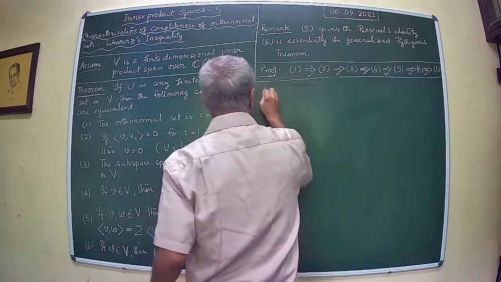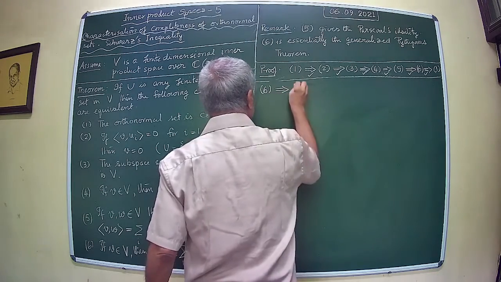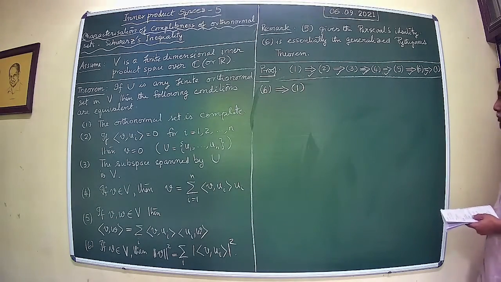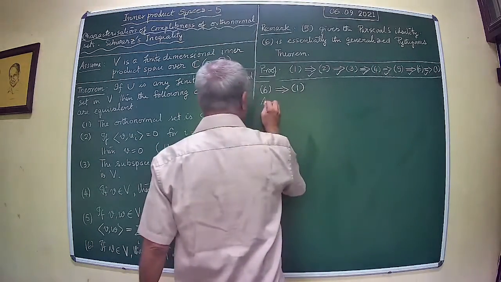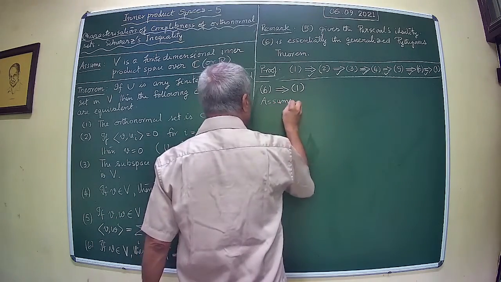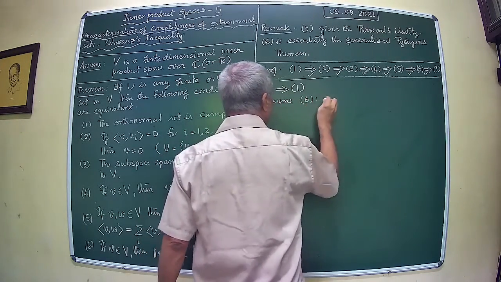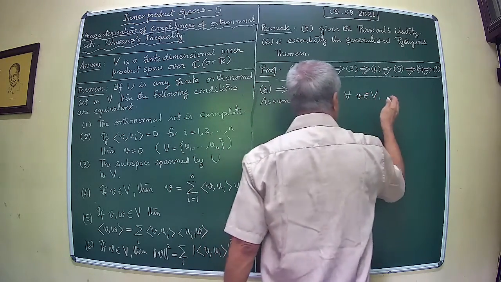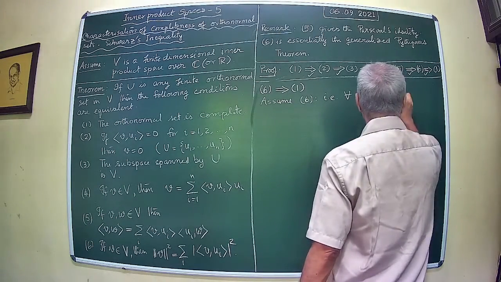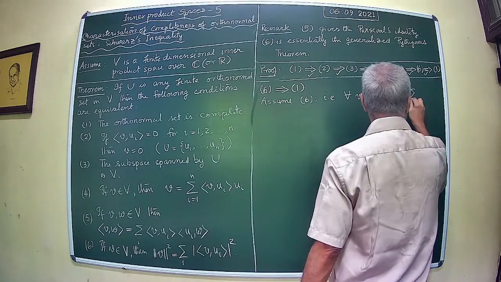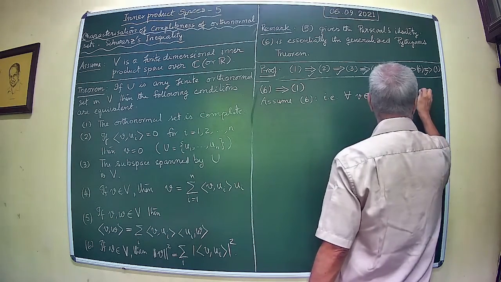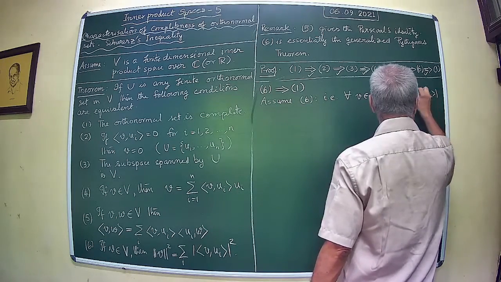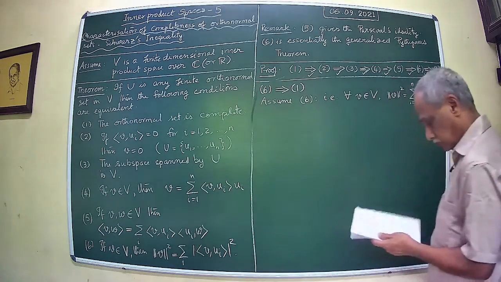Now we prove 6 to complete the cycle. Okay. So we assume 6. That is norm of, that is what we assume.